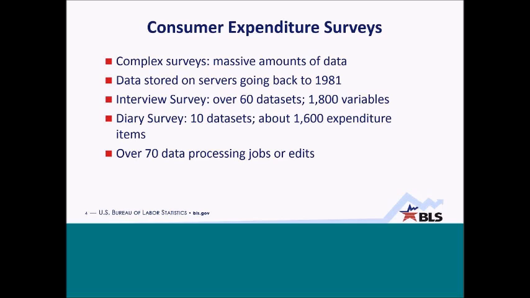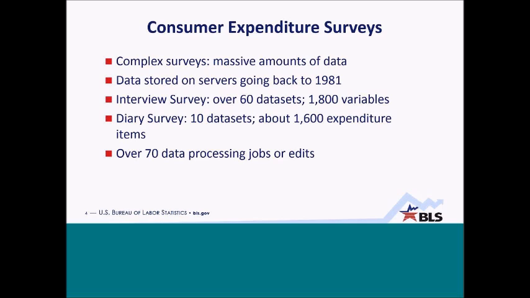There are 2 surveys, an interview and a diary, that at the end of the processing get combined into final estimates. So there are lots of things going on: 60 datasets, 1,800 variables, 10 datasets, 1,600 expenditure items, and in addition to that, there are 70 or so data processing jobs or edits that happen across our process to the data from collection to dissemination.